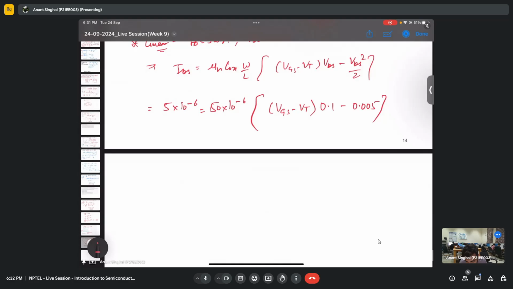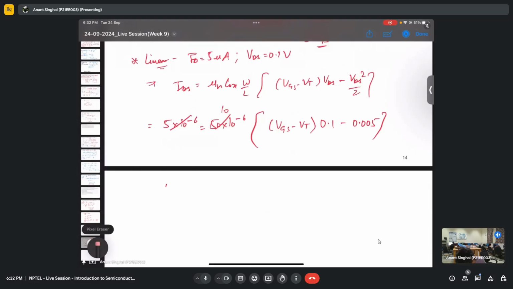So 1 by 10 is 0.1, and VT is not given. Okay. So 1 plus 0.5 into 0.1 is nothing but VGS minus VT. So VGS minus VT I'm getting as 1.05.